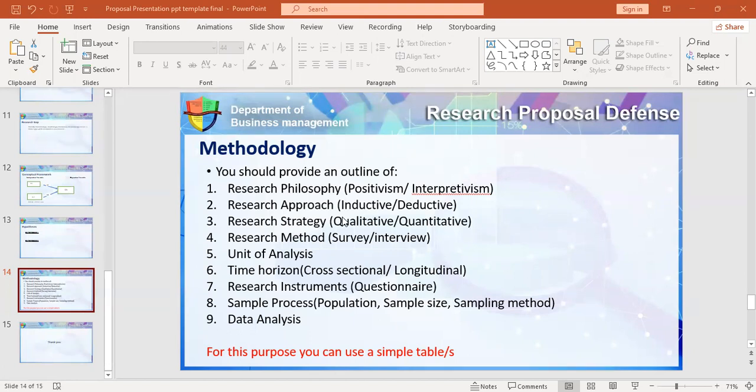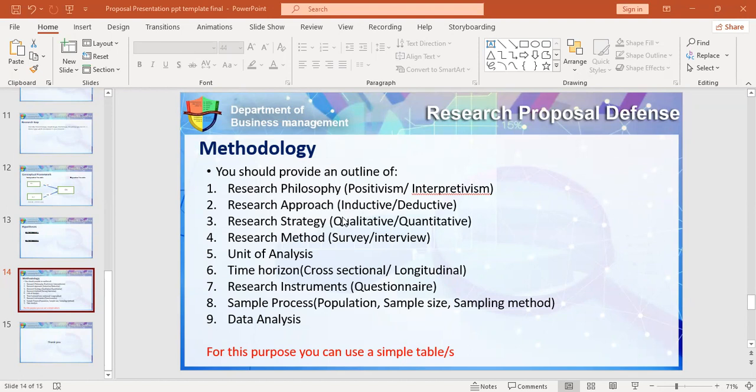For example, we are going to observe a student from grade 5 to grade 10, how that student is performing. Like that, to collect data, it will take a longer period. So in our research, we use this cross-sectional time horizon in your management research for your level 4 research project.